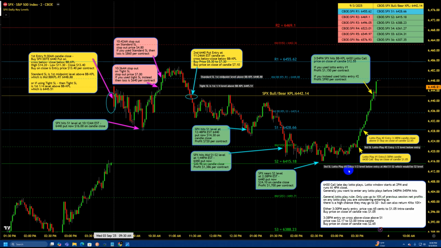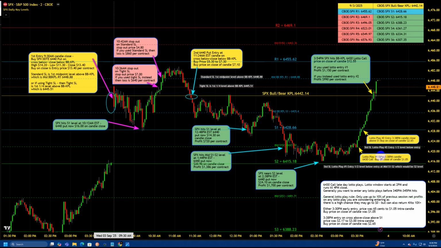However, if you did, here later in the session, after moving sideways at the 3:30 p.m. candle here, we have a pop-up from this mid S1, S2 level, and this would be lotto play number 1 entry to consider. A 64.30 call, because you'd be buying the next level up here. 64.2866 is the next level up on a call option, so the closest strike is 64.30.